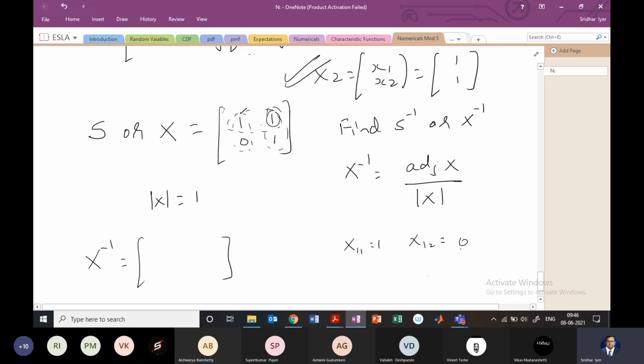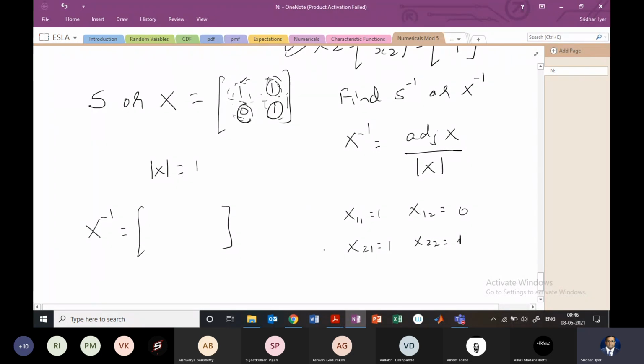What is left is 0. Similarly, x21. So this is this 0 here. We'll ignore that row and that column, so we'll be left with 1. Then x22, that is this last one here. We'll ignore that row and that column and we'll be left with 1.